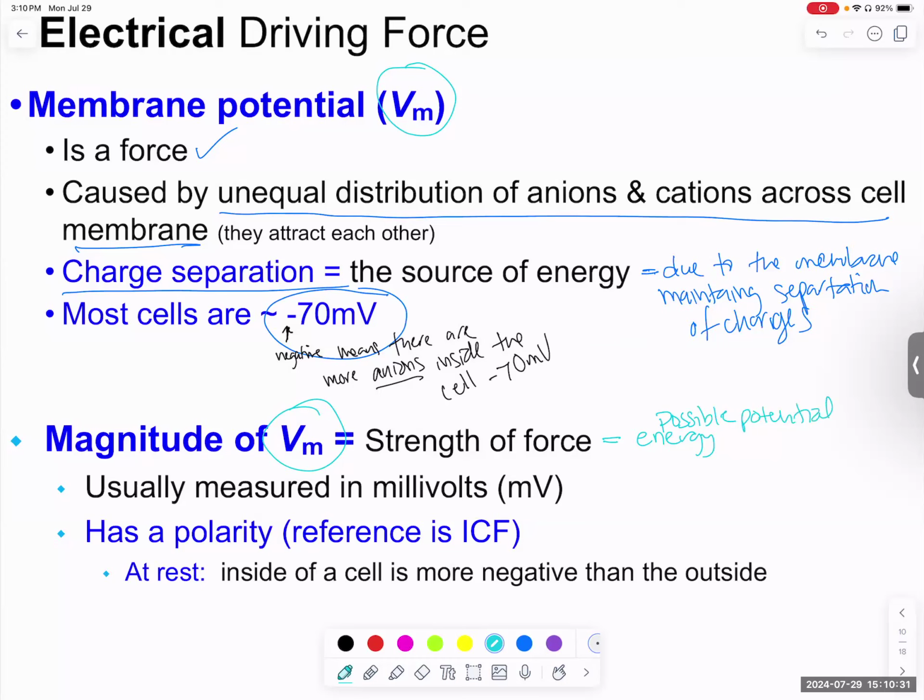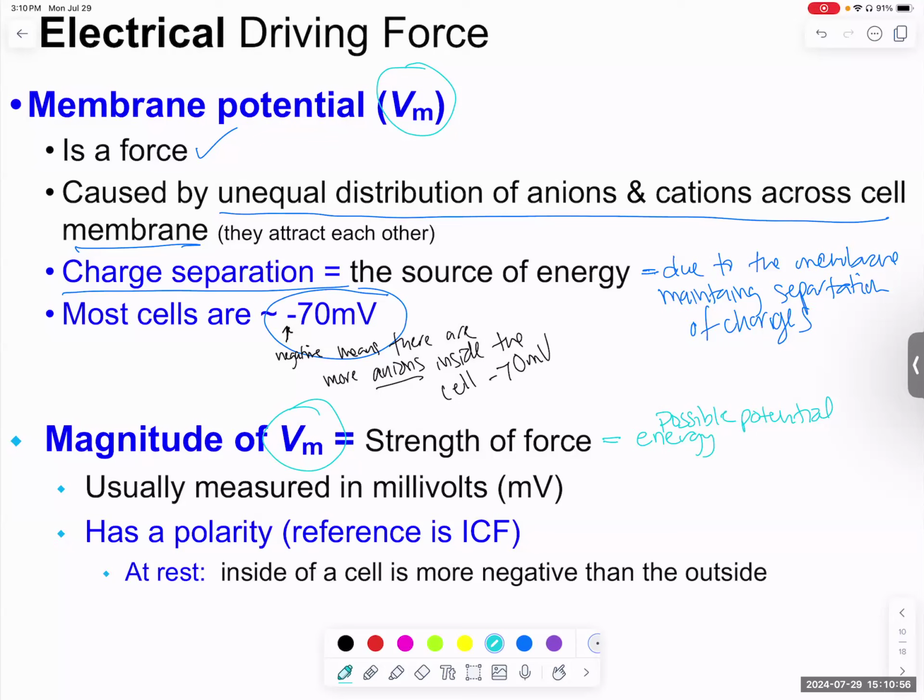And I'll tell you right now, the bigger the difference in concentration gradients, like in cellular respiration, when we got to the electron transport chain and oxidative phosphorylation, the bigger the concentration gradient of protons across that inner mitochondrial membrane, the more potential energy was there to form ATP.